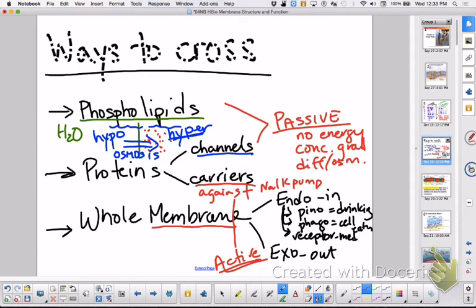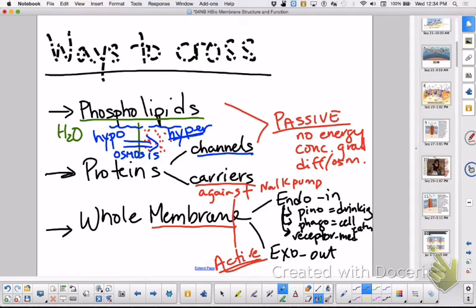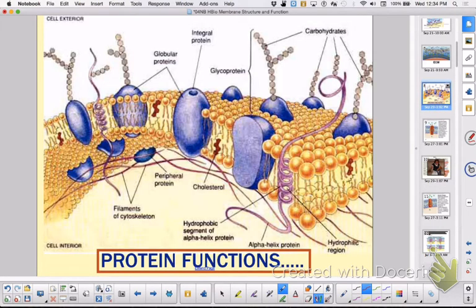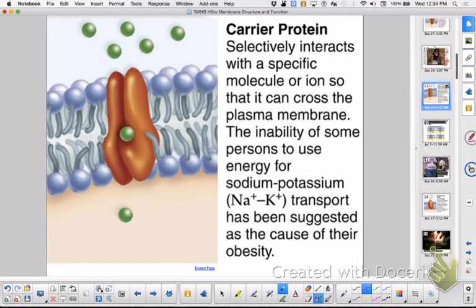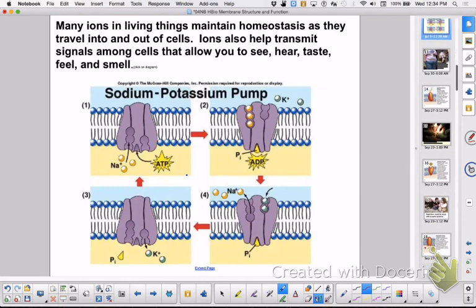All right. So knowing that, we know the structures, right? We reviewed that. We talked about channels. We talked about carriers. We talked about going against the gradient with the sodium-potassium pump. Cell recognition. What is that?